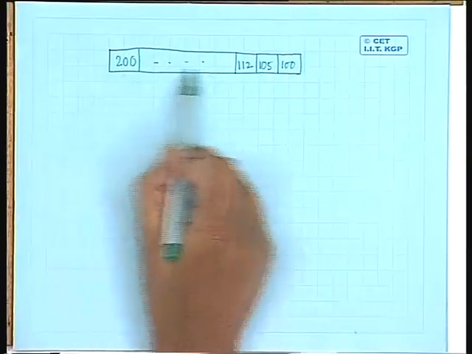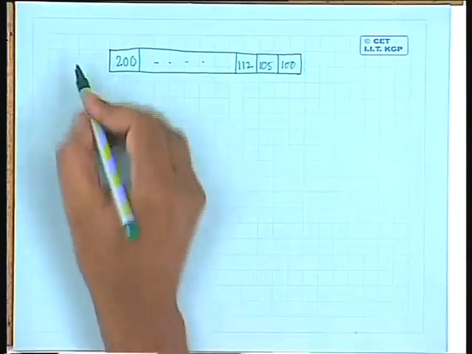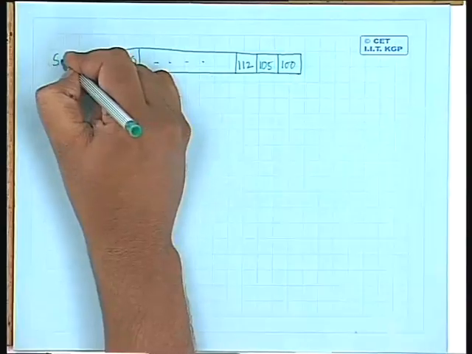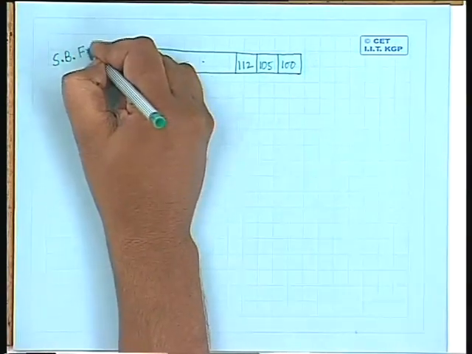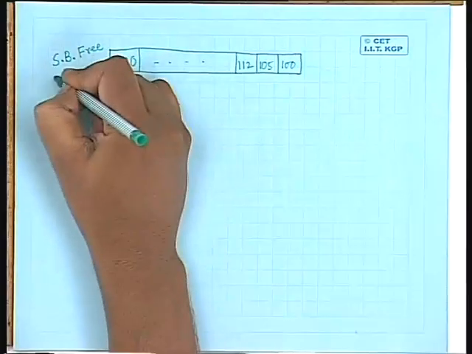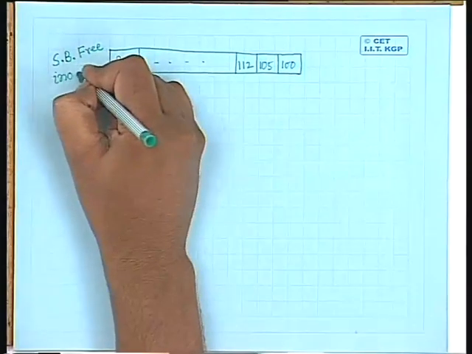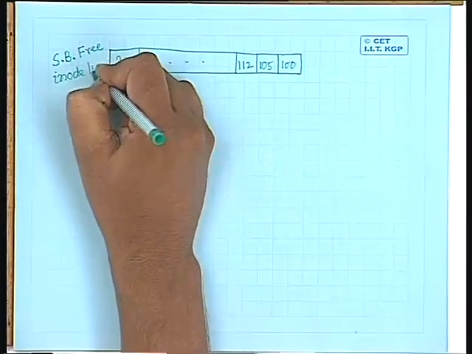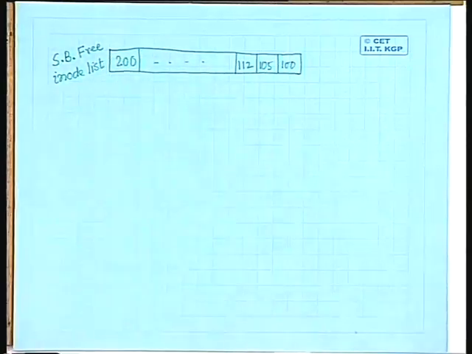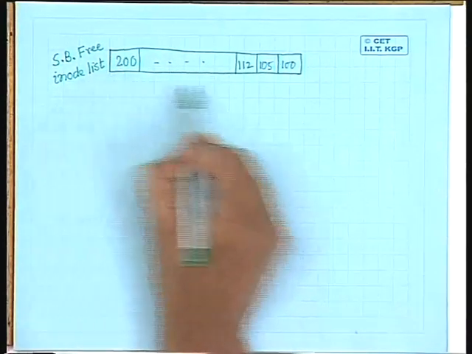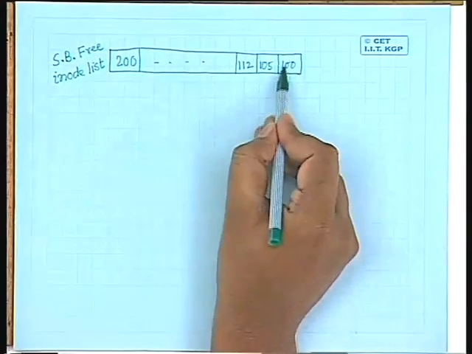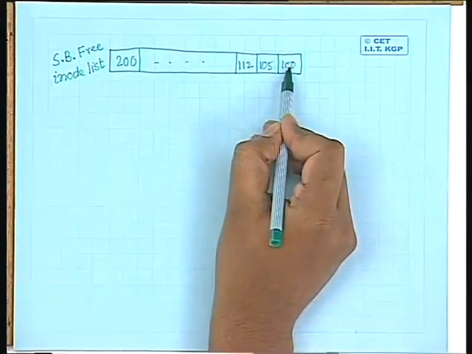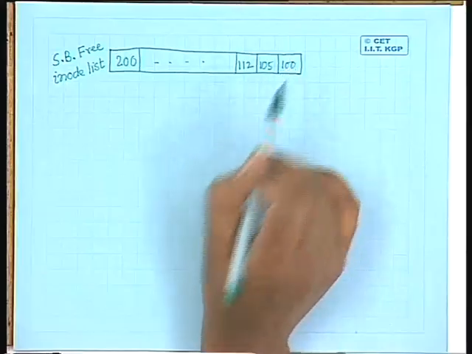In this case, this is called a superblock free inode list or unallocated inode list. This list is simply the serial numbers of the inodes. This is not the inode itself, it is not the inode data structure. It is simply the serial number of the inode.